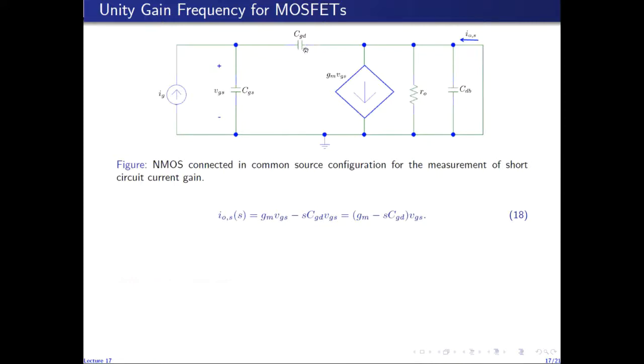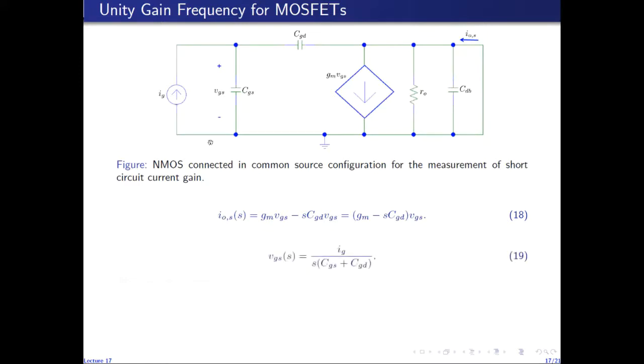Cgd is in parallel with Cgs, because this node is essentially at ground, since the output is shorted to ground. So the voltage of this node with respect to this node is Vgs. So sCgd times Vgs defines the current flowing in this branch from left to right, and gm·Vgs minus this current gives us the output short circuit current.